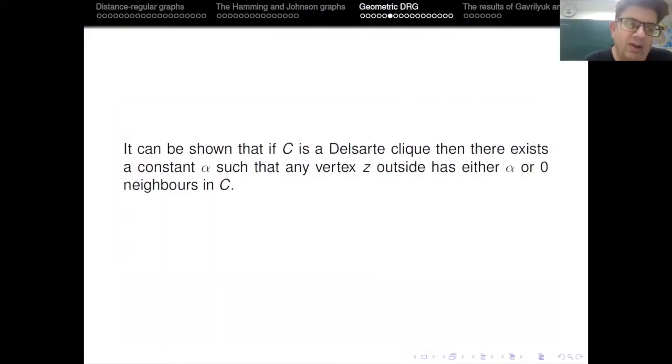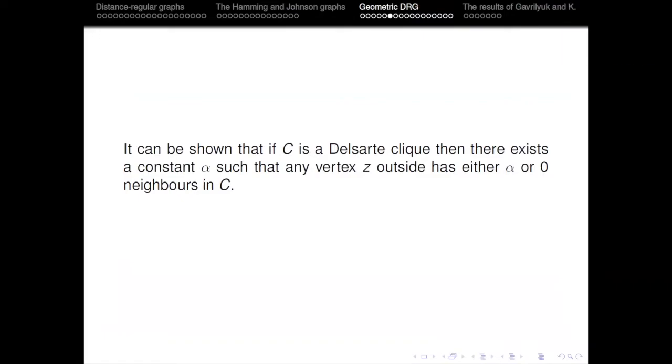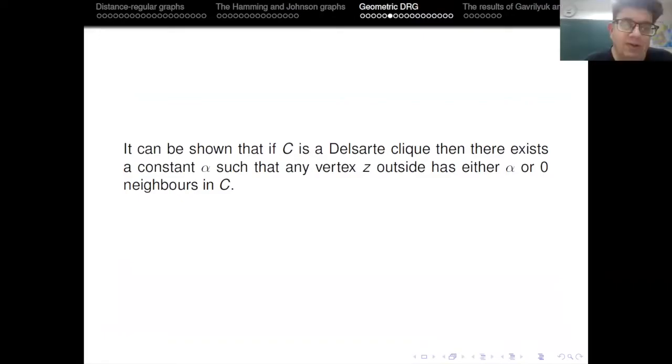And you can use this: if this sum is 0, you can show that if C is a Delsarte clique, then there exists a constant alpha, so that any vertex outside C has either alpha or 0 neighbors in C.